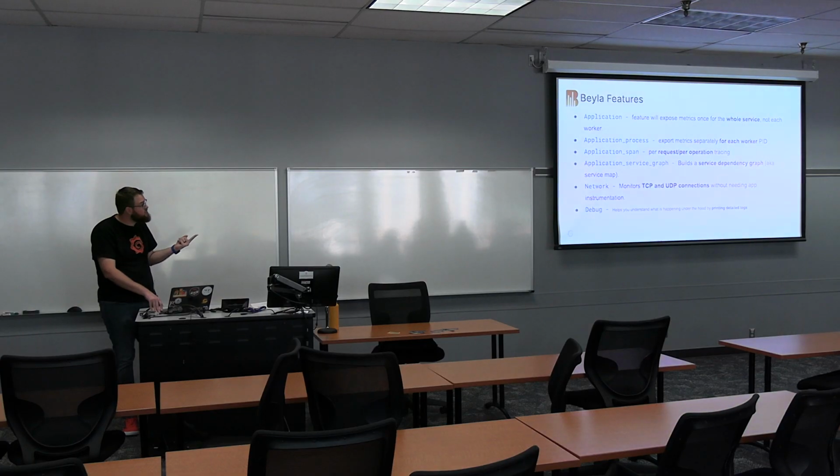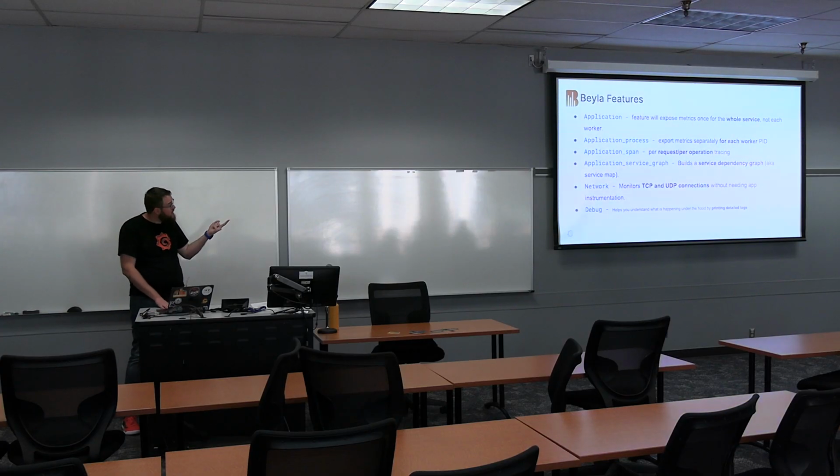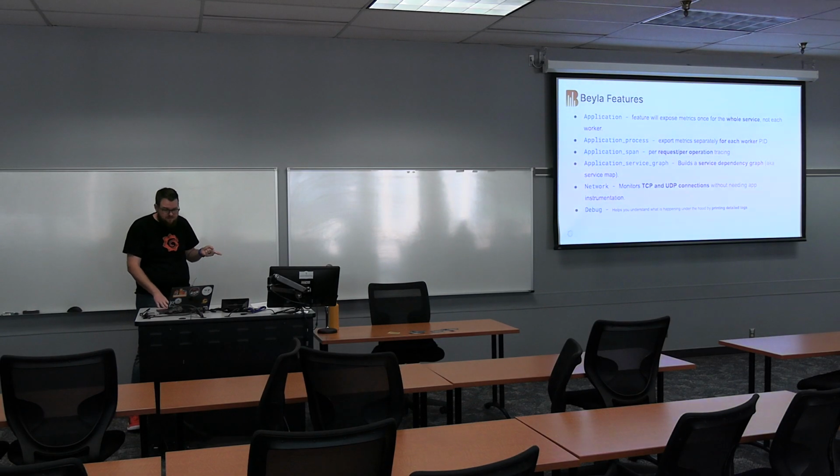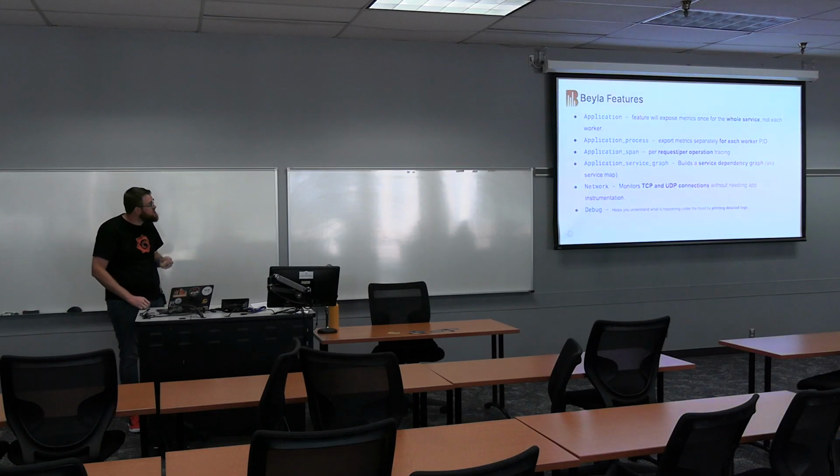So, some features of Beyla that make this possible. We have the application feature. This is the feature that allows you to expose metrics for a whole service. So this is looking at a service level, not necessarily at each individual worker. There's a feature for our application process, where it will export metrics separately for each worker PID. There's the application span feature.